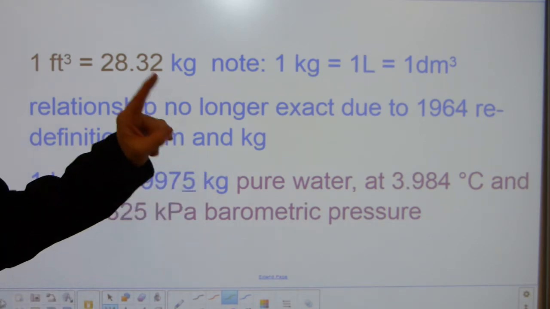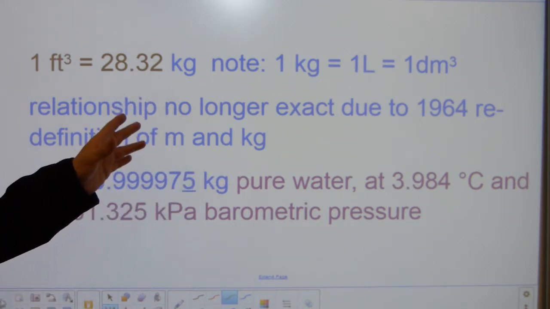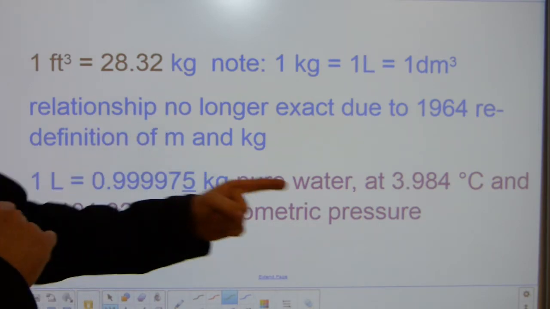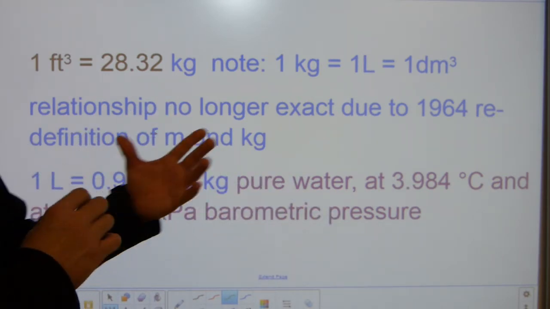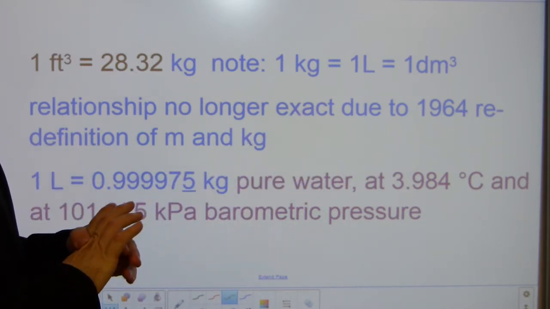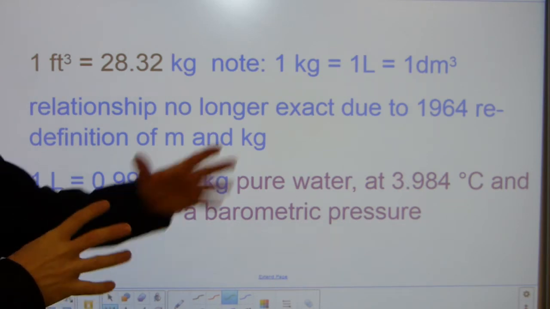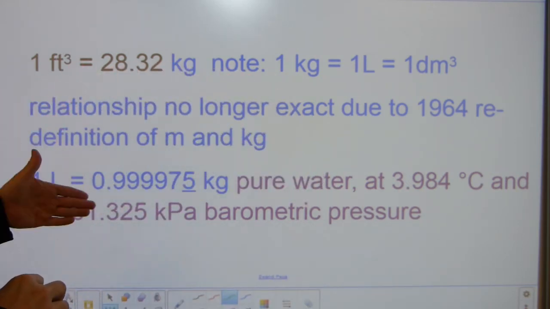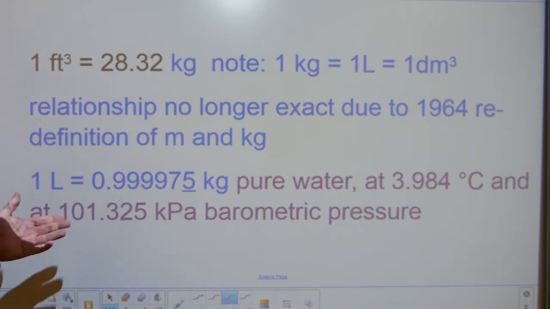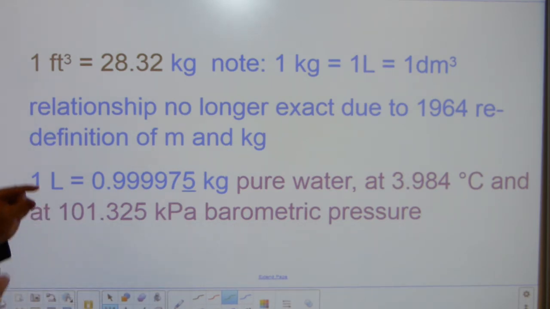Unlike the Imperial gallon, which was defined at about 16 2/3 degrees Celsius, 62 degrees Fahrenheit, it's a different temperature, and it's also slightly different barometric pressure. 30 inches of mercury isn't exactly 101.325 kilopascals.